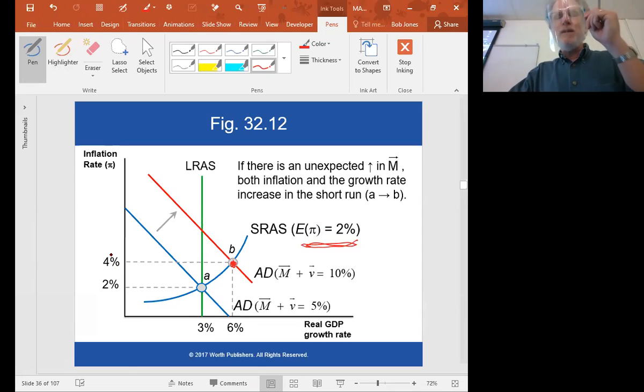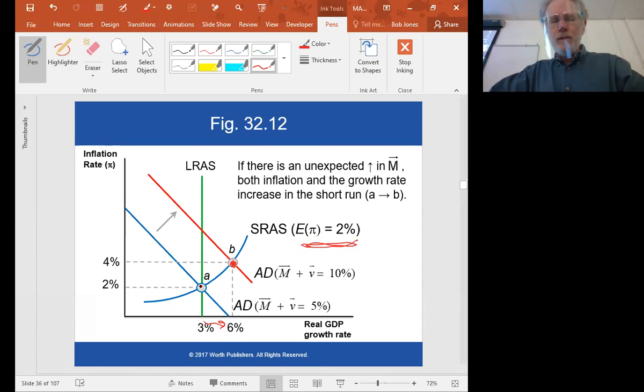From the perspective of the business, the costs have gone up by 2%. Their revenue is going to go up by 4%. So profit margins are higher than before. So firms have an incentive to produce more. That's why we're getting this increase in the growth rate of real GDP.